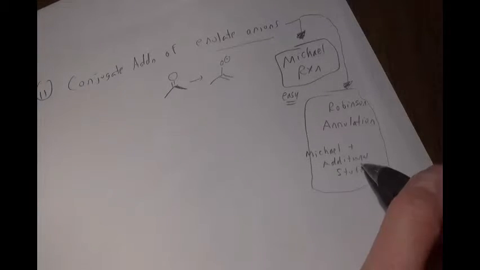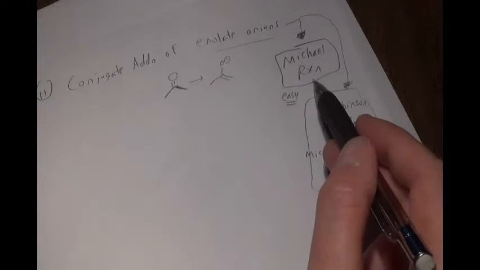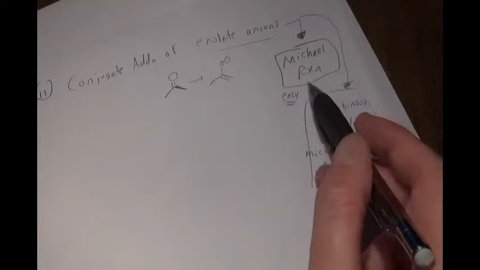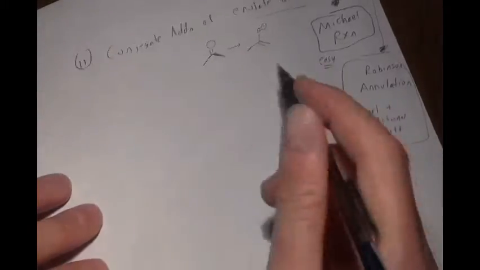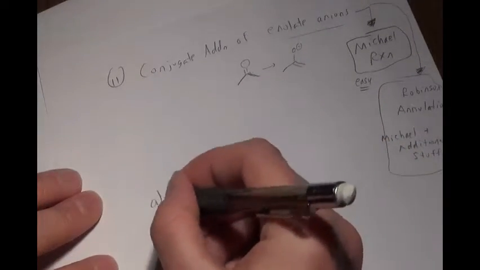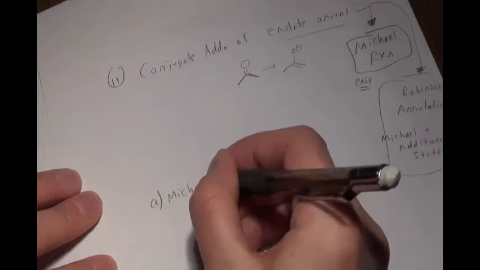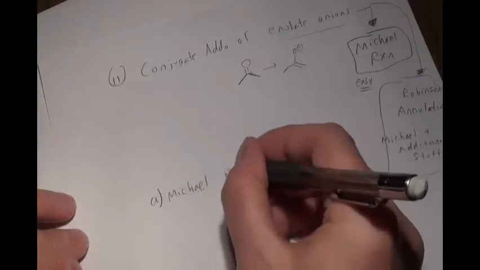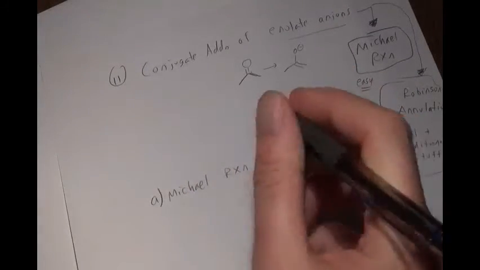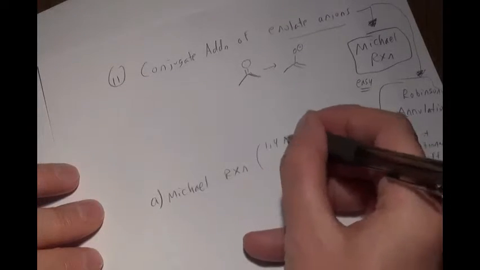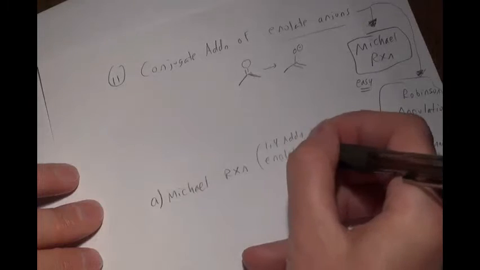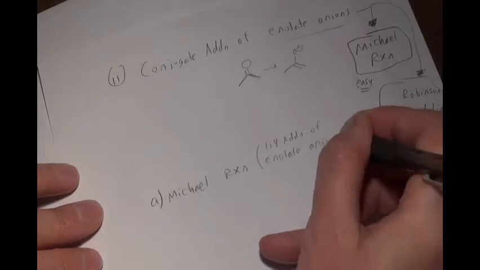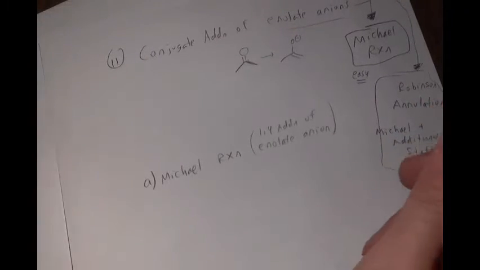So let's first talk about the easy one, the Michael reaction. What is it? It's a conjugate addition of an enolate anion. It's really a 1,4 addition of an enolate anion.